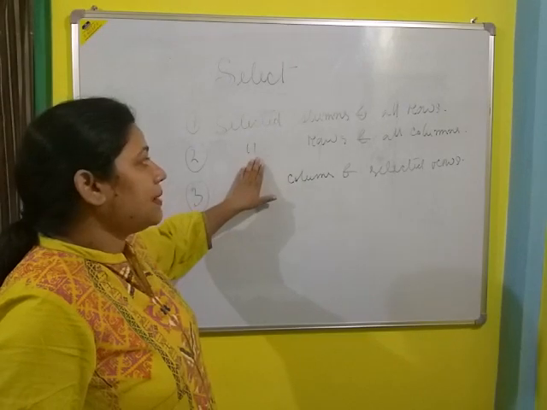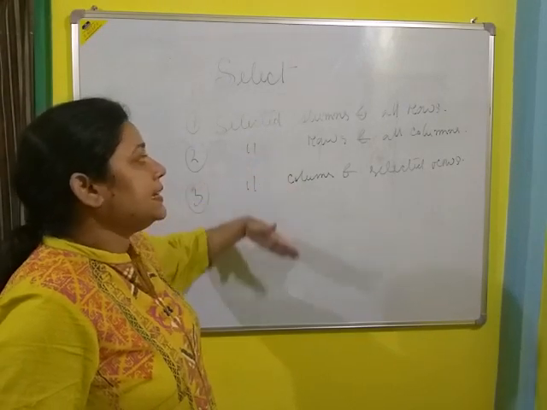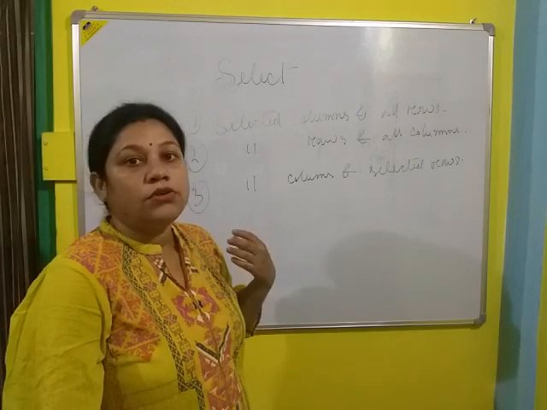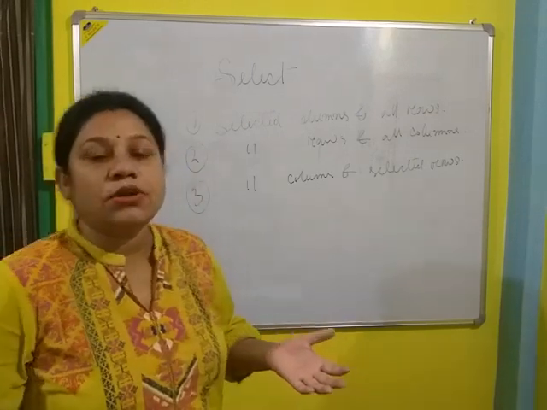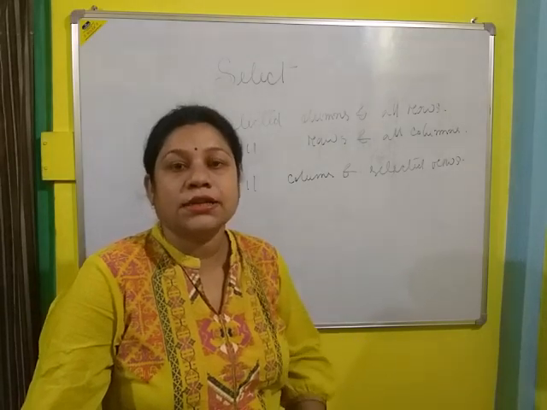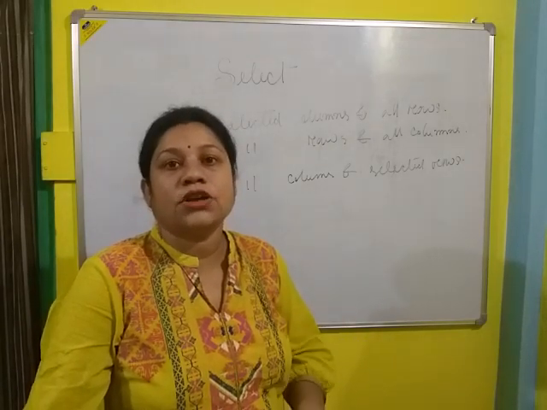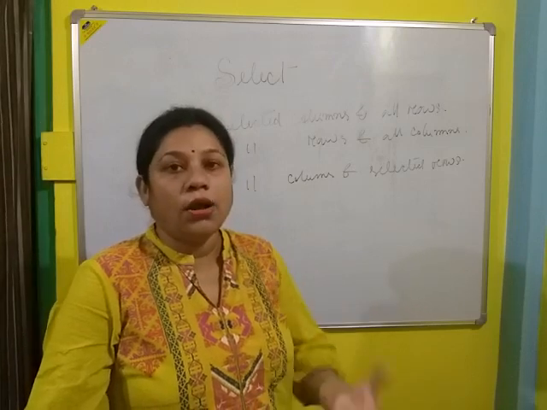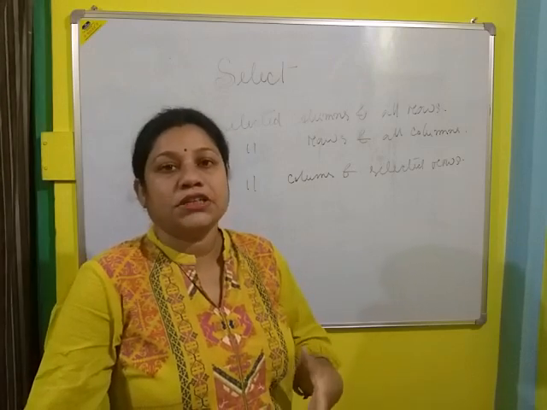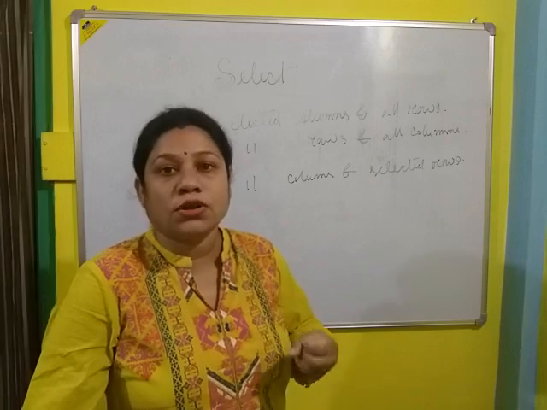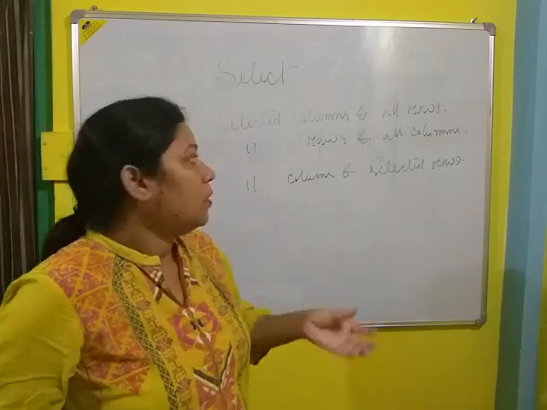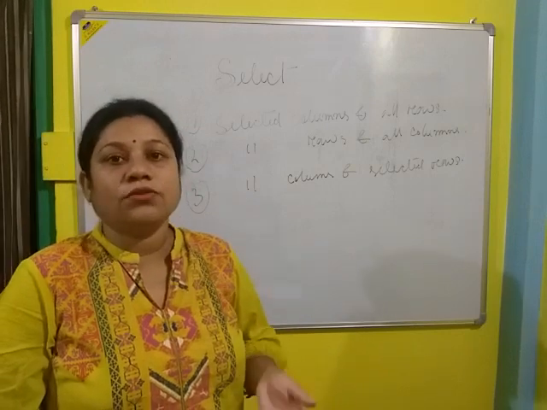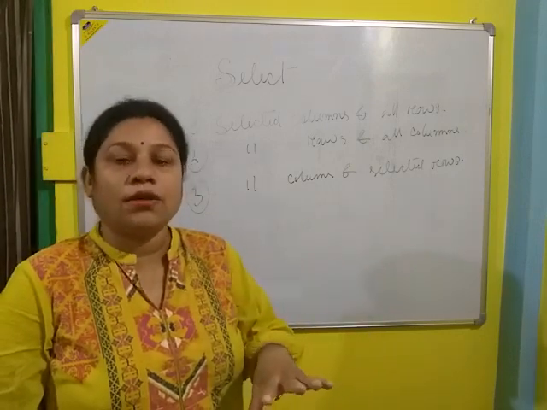After that, selected rows and all columns. In the second method, you select some particular rows. Suppose we have thousands of rows, that is, thousands of records. Instead of displaying all the rows, I display only some selected rows, but for all columns of the table.